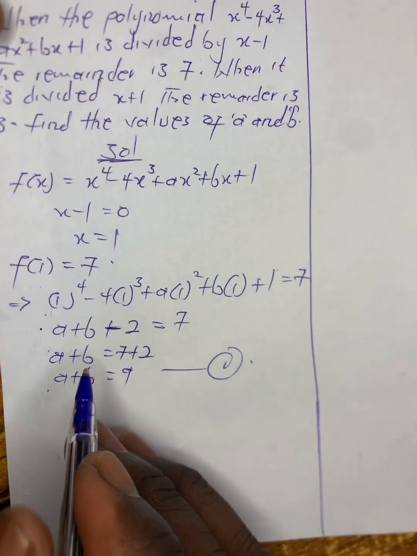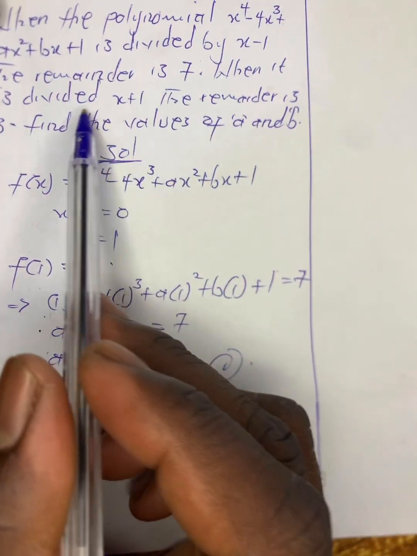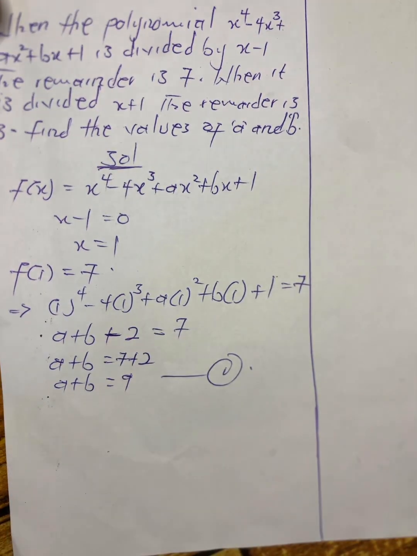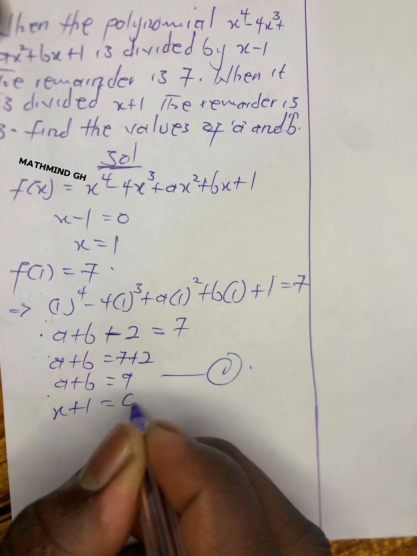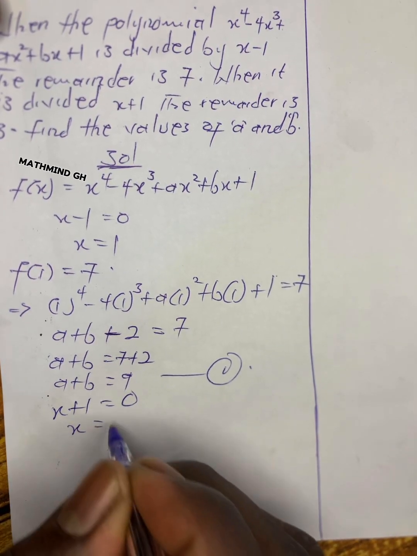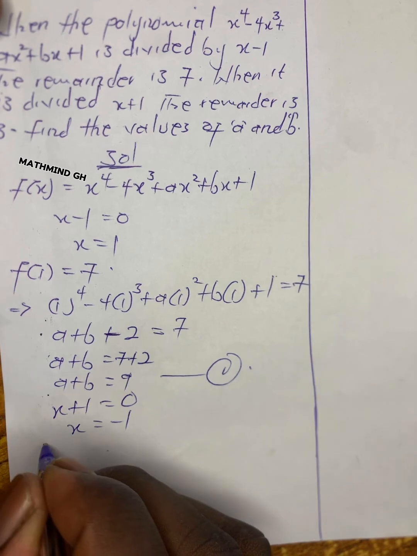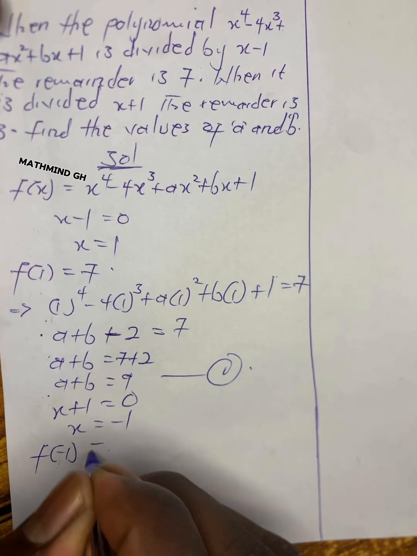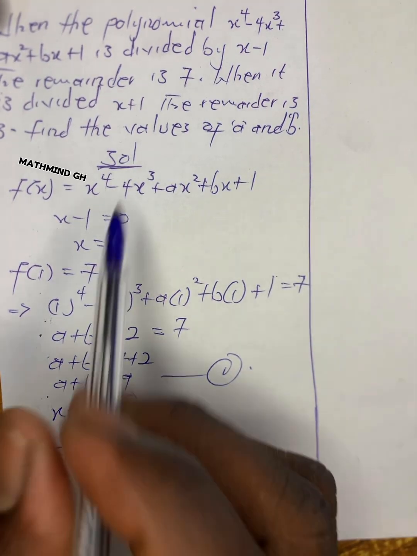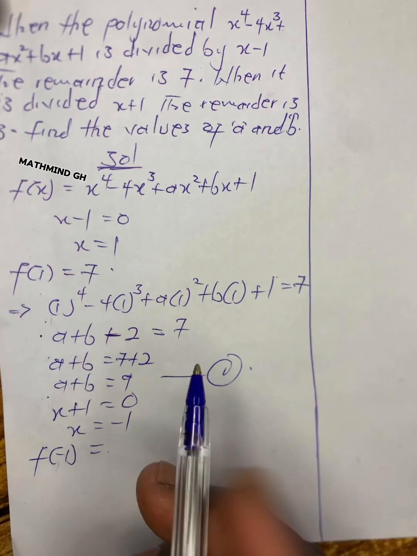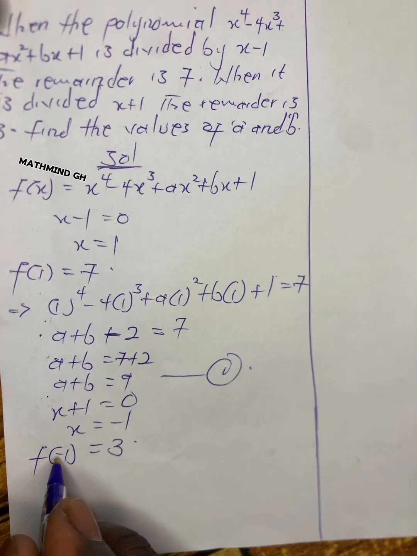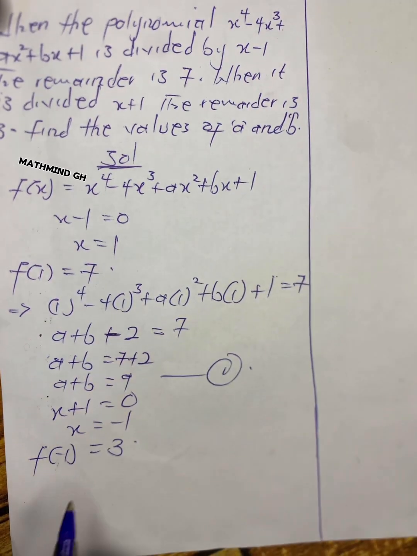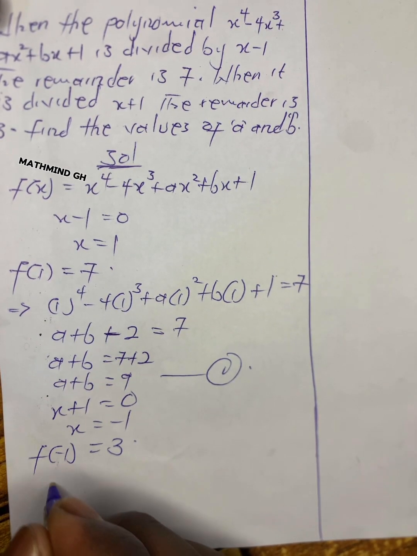Then we continue with the second divisor, x + 1. We equate that to 0 and find the value of x to be equal to negative 1. f(-1) should be equal to the remainder it leaves, 3. We go through the same approach by substituting negative 1 into the polynomial.